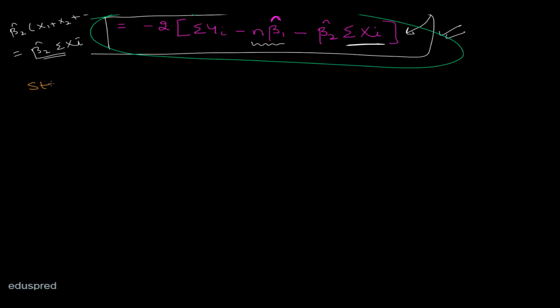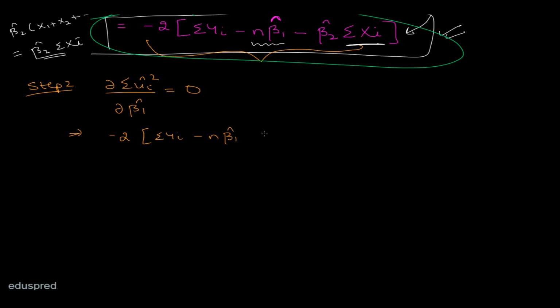In step number 2, we have to put the partial differentiation equal to 0, and then we have to solve for the expression of beta 1 hat. So the result that we have got for the partial differentiation is this. Now we are going to put that equal to 0. So this implies minus 2 summation of yi minus n beta 1 hat minus beta 2 hat summation of xi is equal to 0.